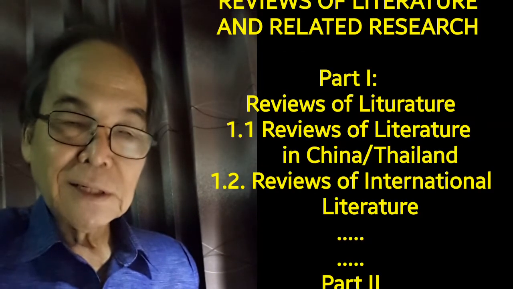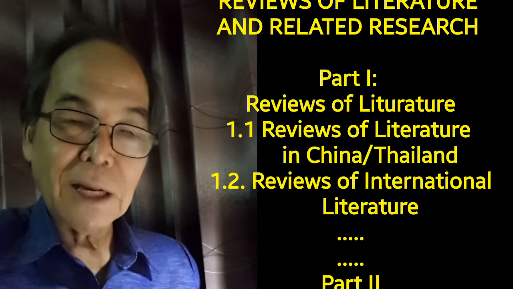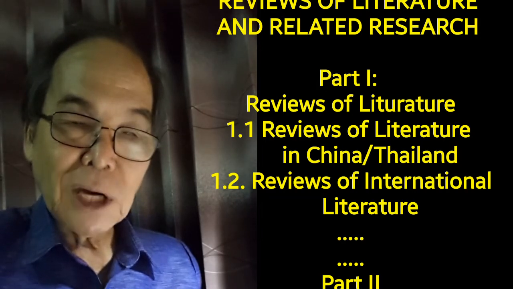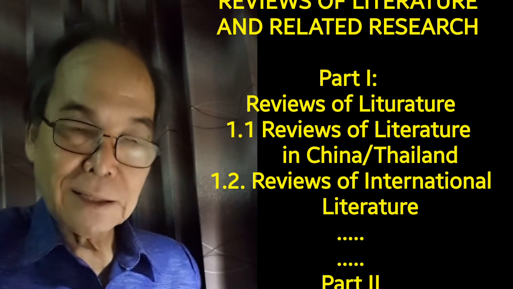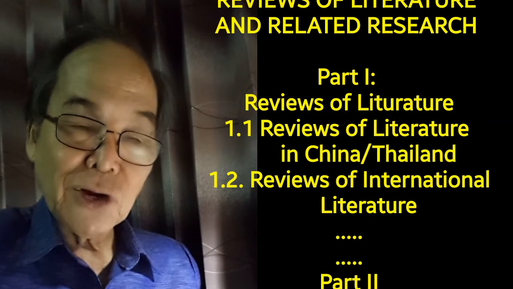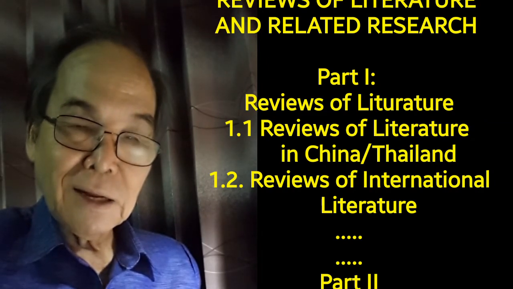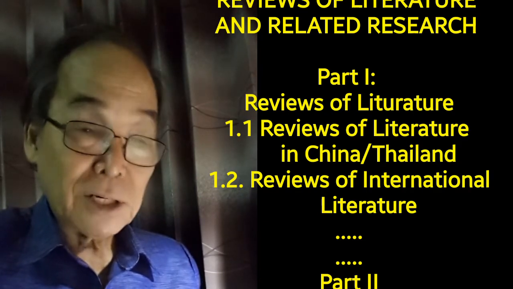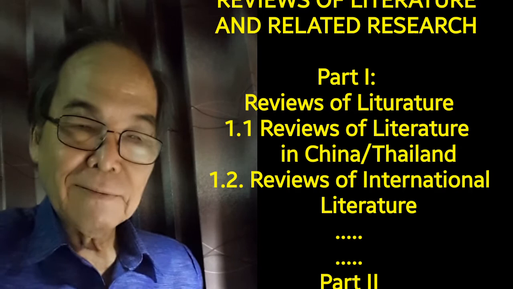The first version is the domestic version, which means you review literature in China or in Thailand. The second version would be review of literature in the international arena, but you have to be fair, not to concentrate on one country only.